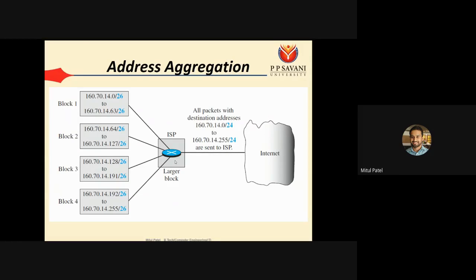Then another thing is address aggregation. What is the meaning of address aggregation? First, who will provide these addresses? I gave this question in the last lecture, that you have to find out who is providing these addresses.